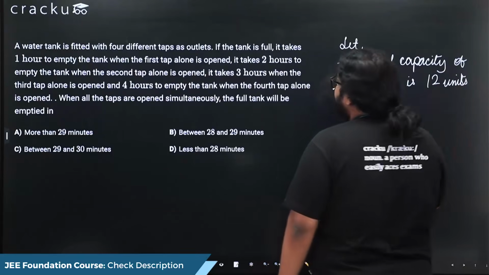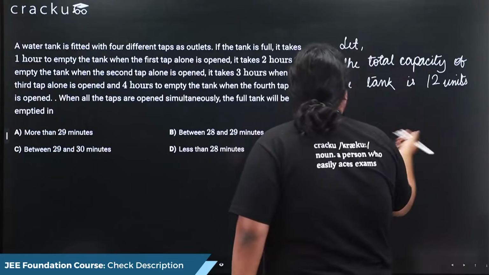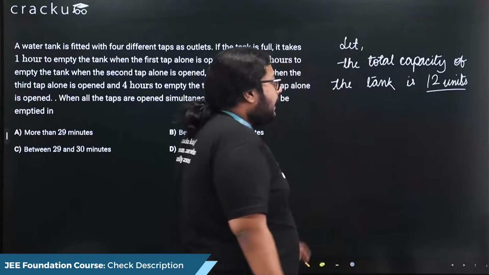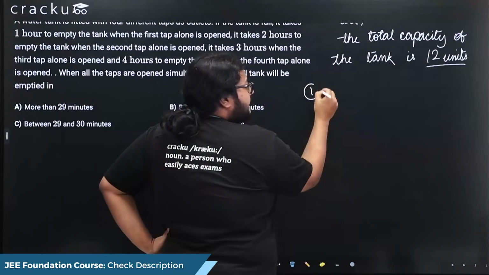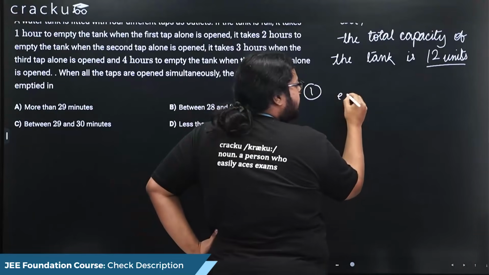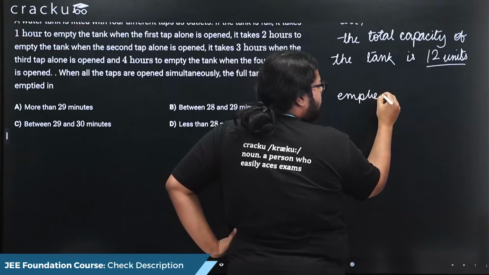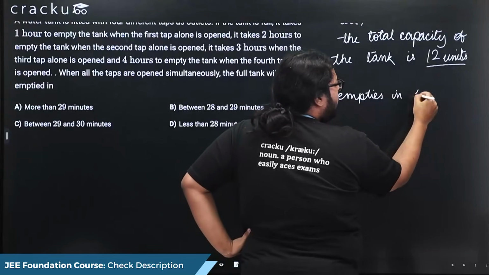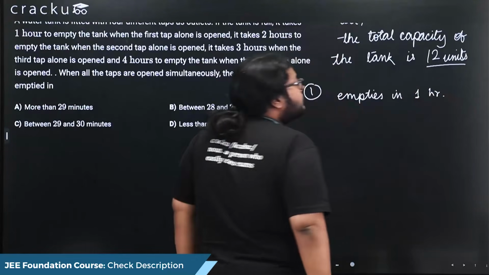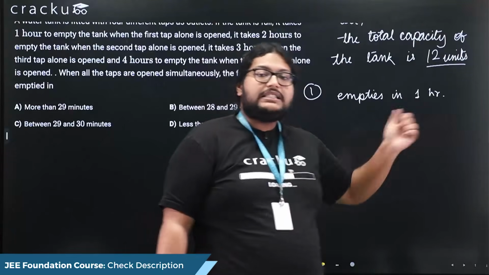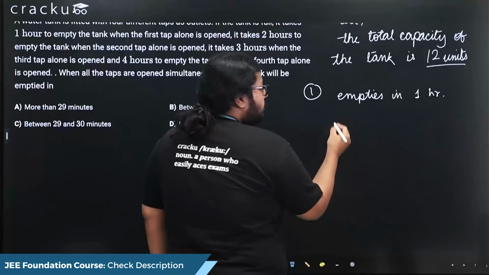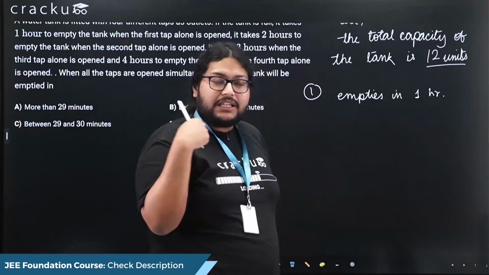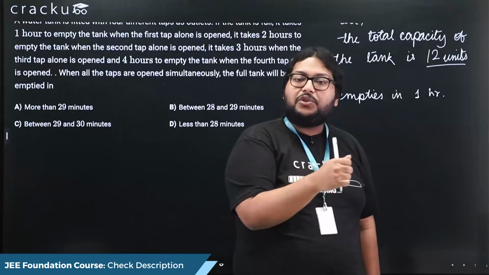Whatever the units are is not important here. So 12 units. Now consider the first tap. First tap empties in 1 hour. So how much water is the first tap taking out in 1 hour?